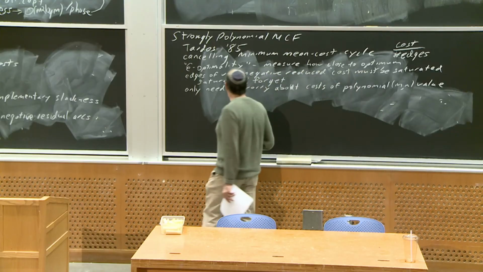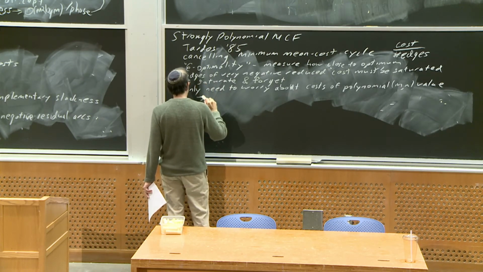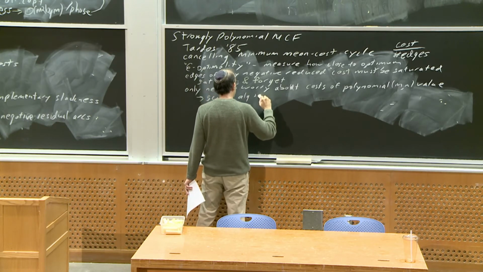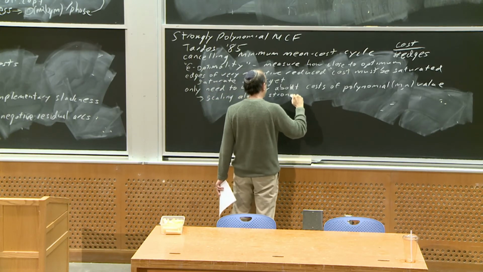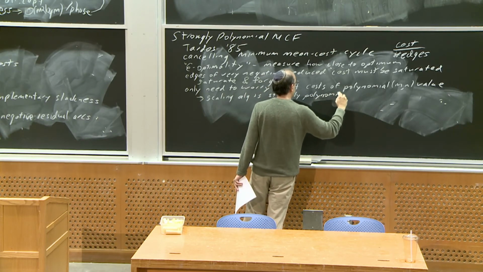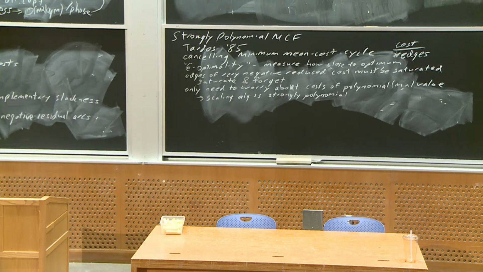And if the costs are themselves polynomial in M and N, this means that the scaling algorithm is strongly polynomial. Because you're not dealing with arbitrarily large numbers.